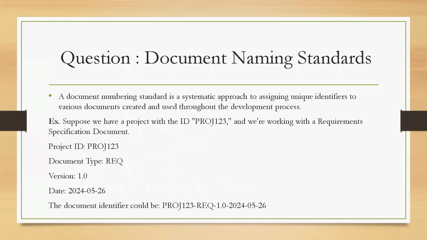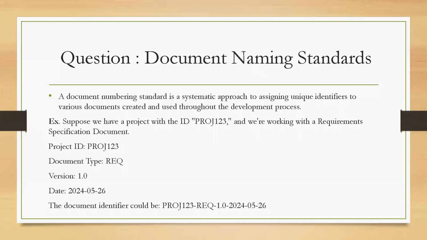In the next question, what is the document naming standard? The document naming standard is used for giving a name to any document in the project. That's how we can easily identify which version it is, what kind of document it is, and in which stage the document will be used.